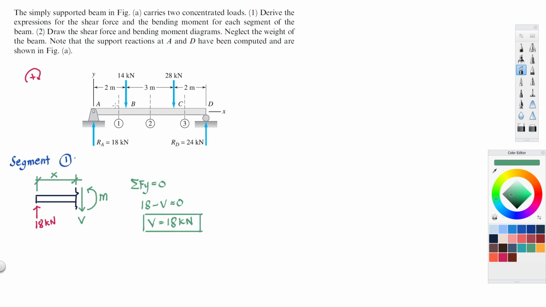Anywhere in points A and B, isa lang yung na-experience niyang value ng shear. Lahat 18 kilonewton lang. So in short, kung ipapadesign lang sa inyo, let's say, pag dumating na kayo sa reinforced concrete or timber or steel, yung section A and B na to, ito lang yung gagamitin na shear force sa pagdedesign. Kailangan ma-resist ng segment A and B itong shear force na to.